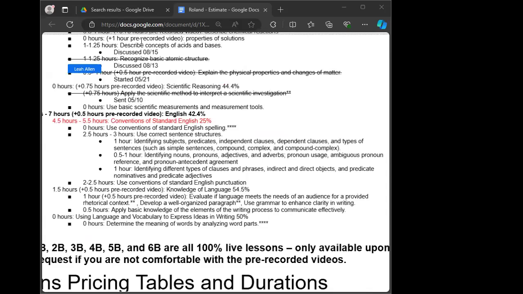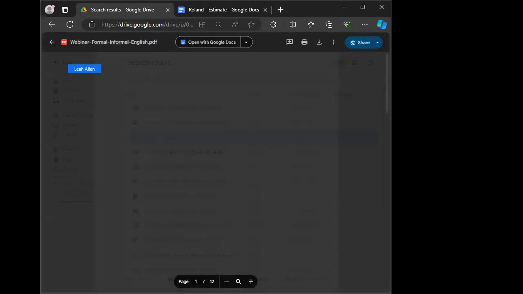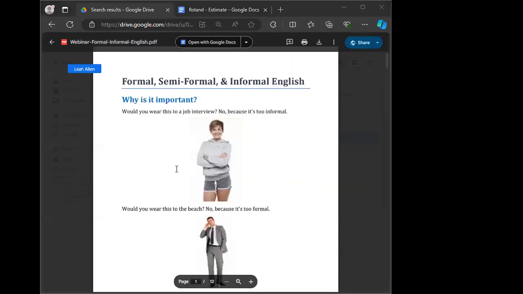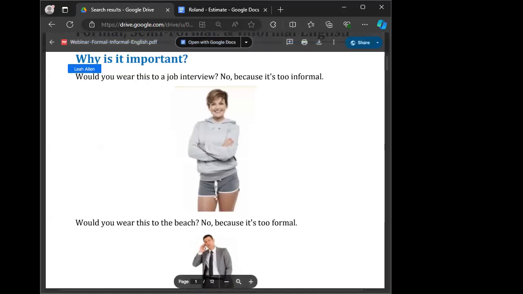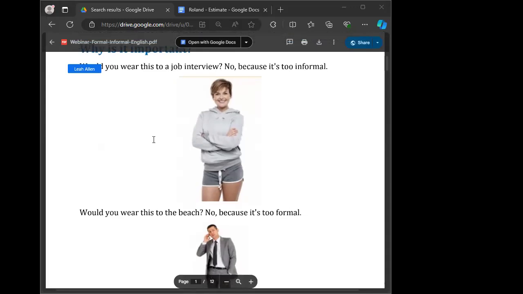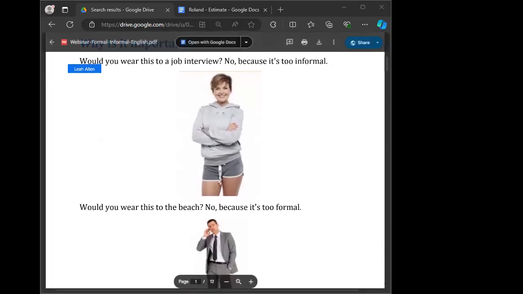Okay, we could go over a little bit of knowledge of language, like formal versus informal writing. So let's take a look at the difference between formal and informal language.